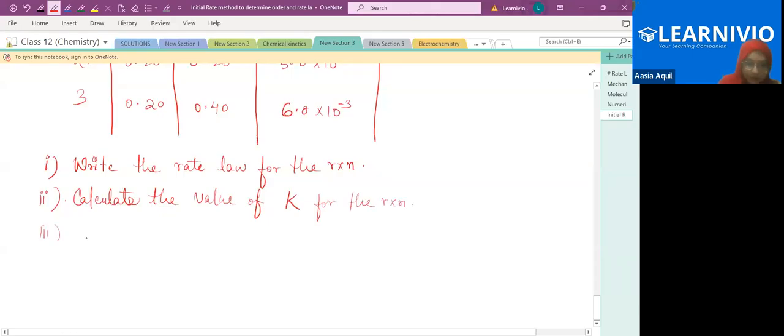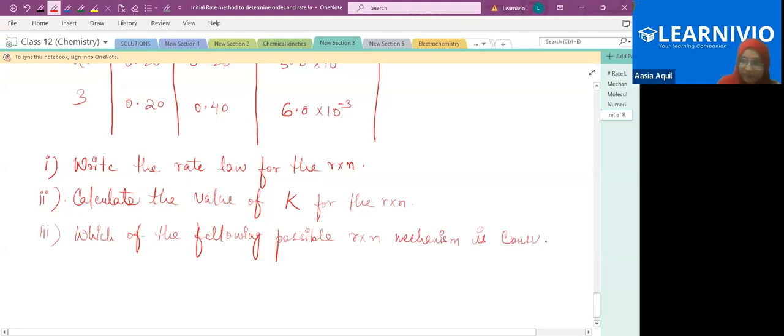Third is which of the following possible reaction mechanism is consistent with the rate law? Little bit different question.